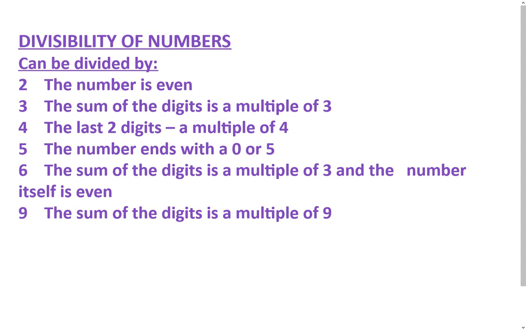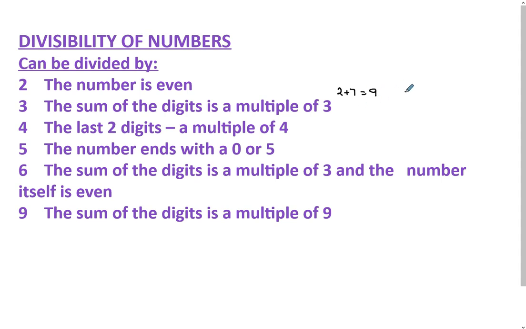Okay, a number can be divided by 2 if the number is even, which we learned in year 3. If you want to know if a number can be divided by 3, then the sum of the digits is a multiple of 3. So you know that 2 plus 27 is divisible by 3, because when you add the digits, it comes to a multiple of 3.